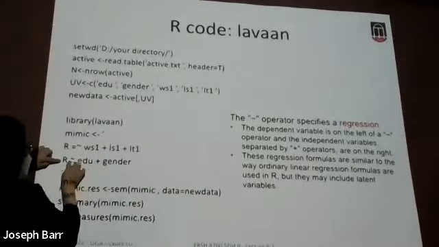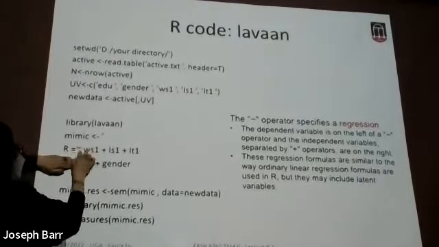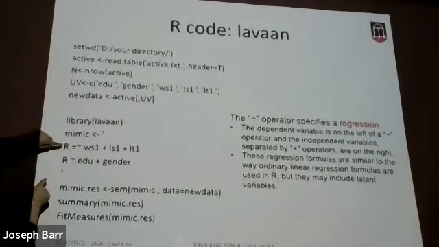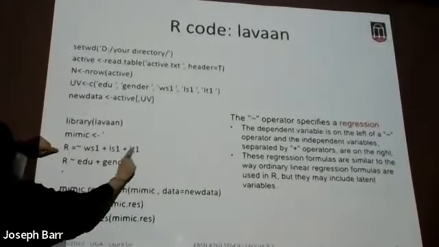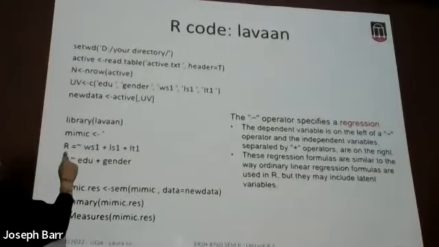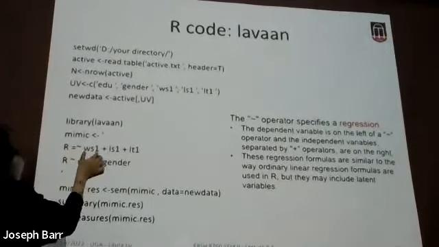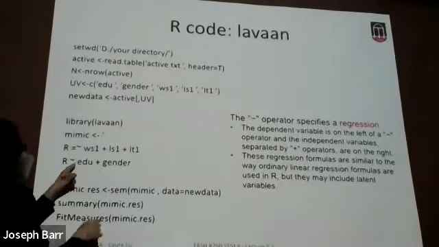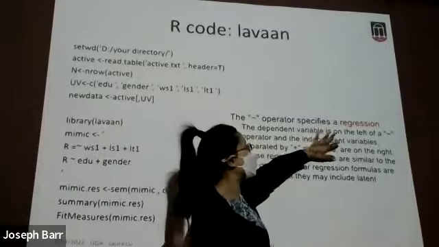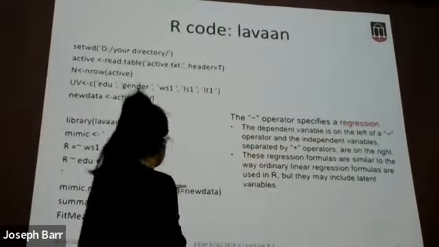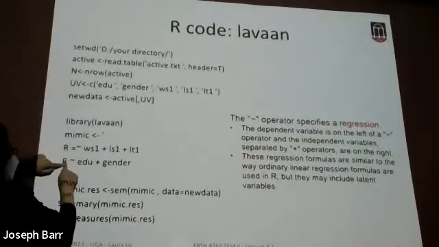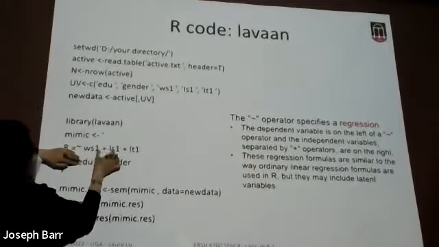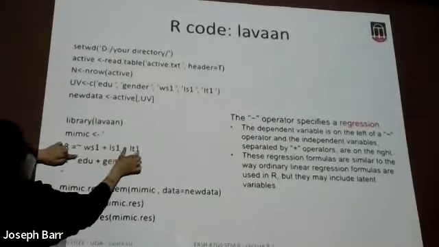equal tilde. This is for regression, but this is for the measurement model. This is for the measurement model, equal tilde. R is created by this statement. This is a new variable measured by these three variables. And also R is regressed on. So tilde here in the lavaan package means regression. Okay, it's regressed on. So R at the same time is also regressed on these two independent variables. These are three dependent variables measured by three indicators.